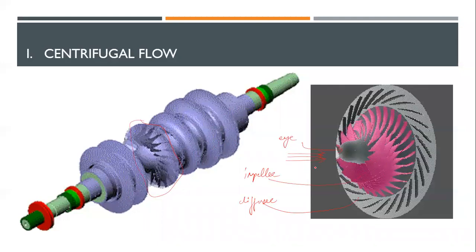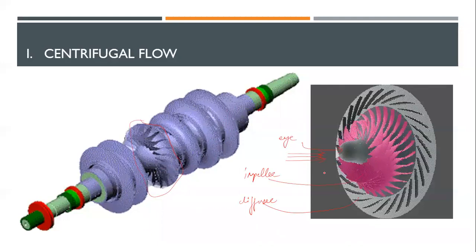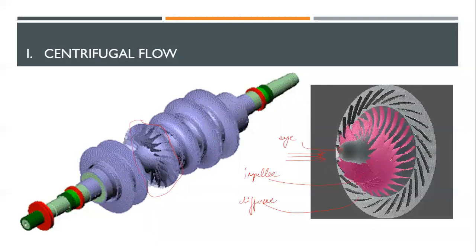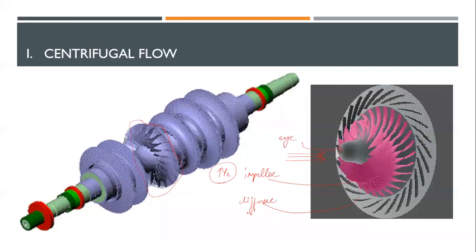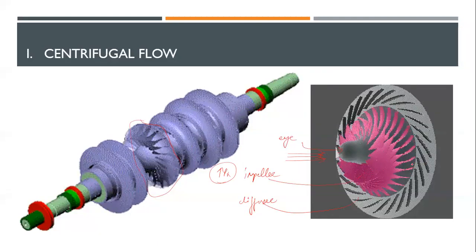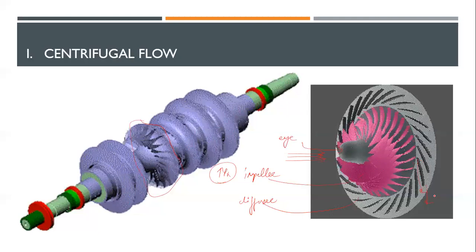Air goes here. As the name centrifugal suggests, centrifugal force is applied by the impellers. They are the ones that generate the pressure. The diffusers are like your guides. They guide the airflow outside wherever it is required in the stages.